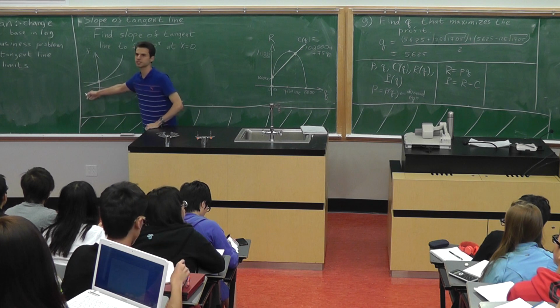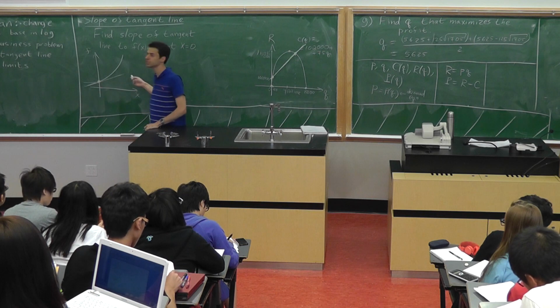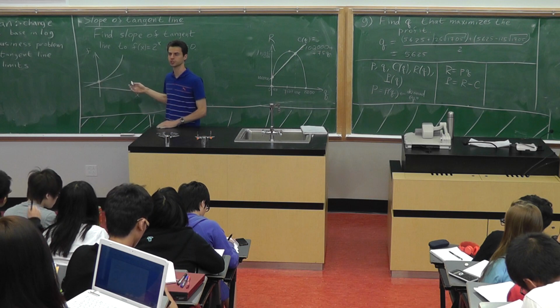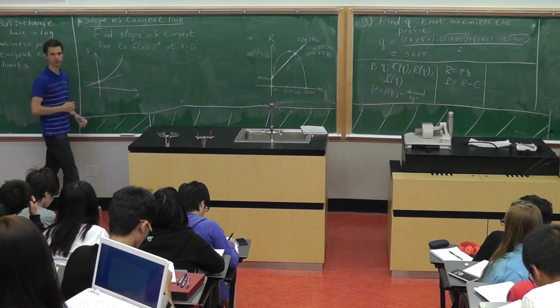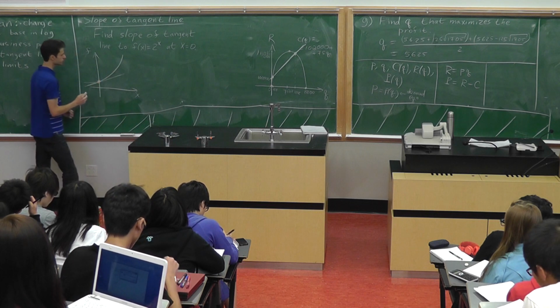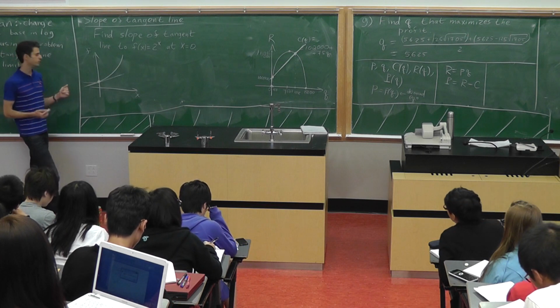So the idea is, it is hard to find a tangent line just from the picture. But it is quite simple to find the equation of a line which intersects my graph. I can take any point on the graph and find a line through these two points. Very easy.